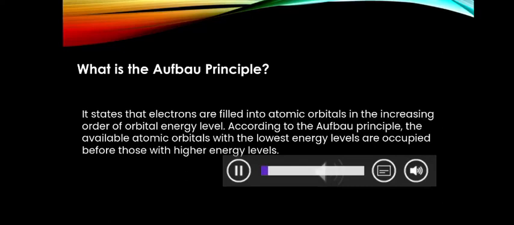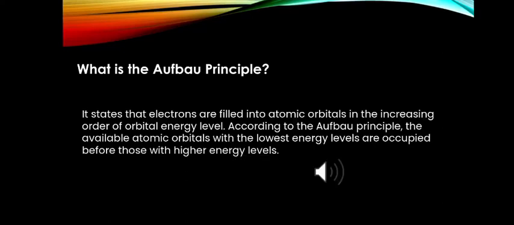Our very first topic is aufbau's principle. Let us discuss what aufbau's principle is. This principle states that the electrons are filled into atomic orbitals in the increasing order of orbital energy levels. According to the aufbau's principle, the available atomic orbitals with the lower energy levels are occupied before those with the higher energy levels.